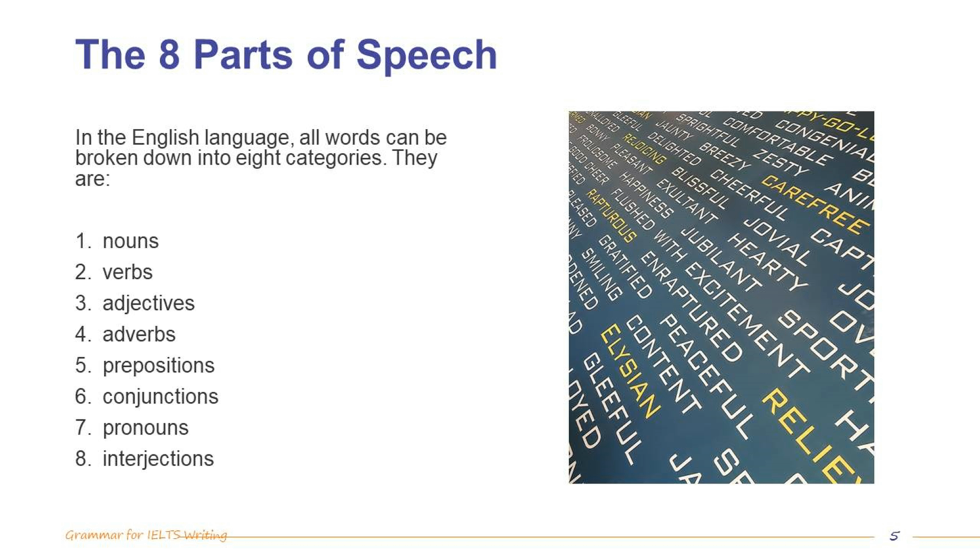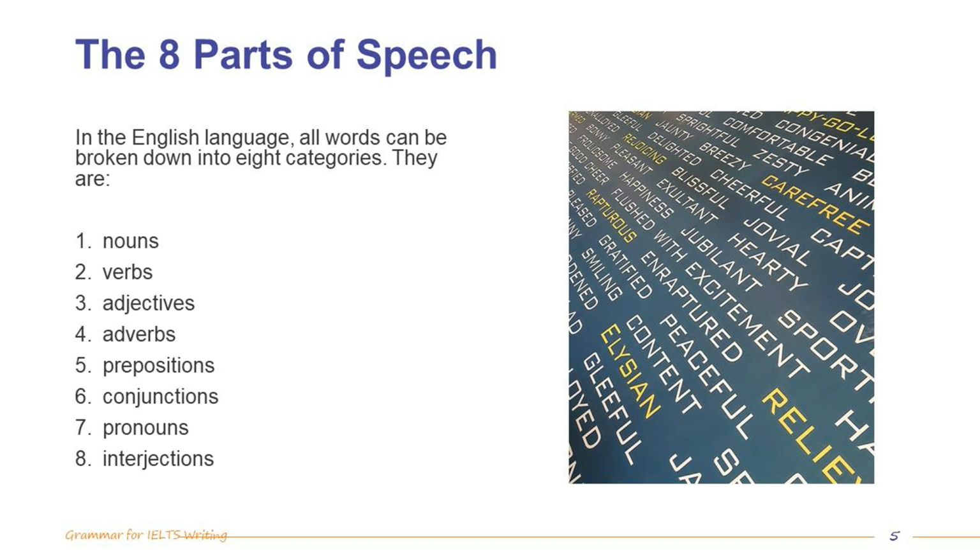The 8 parts of speech. In the English language, all words can be broken down into 8 categories. They are nouns, verbs, adjectives, adverbs, prepositions, conjunctions, pronouns, and interjections.